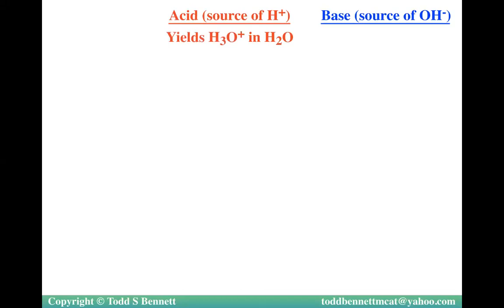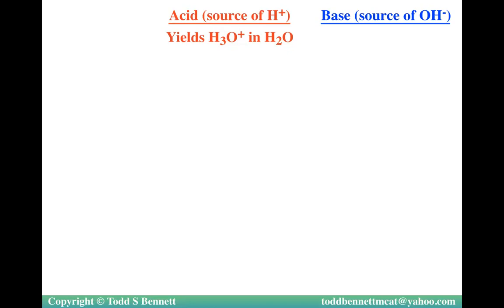So as mentioned, according to the Arrhenius definition, an acid yields H3O plus, hydronium, in water. Standard water, due to autoionization, will have 10 to the minus 7 H3O plus and 10 to the minus 7 OH minus. It'll dissociate just a little bit, and the pH will be 7.